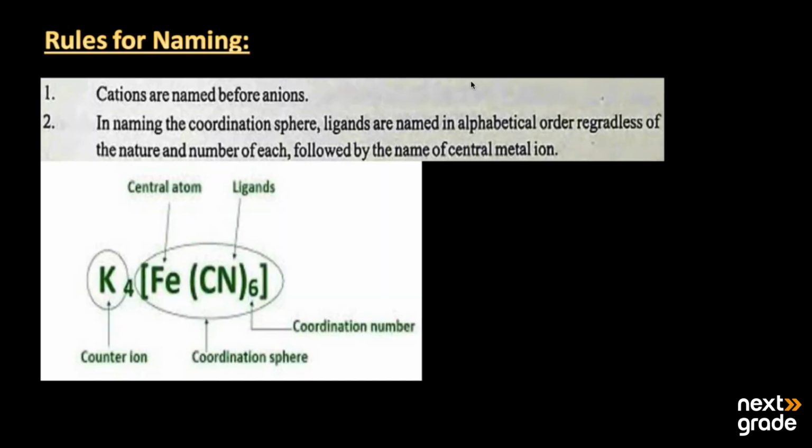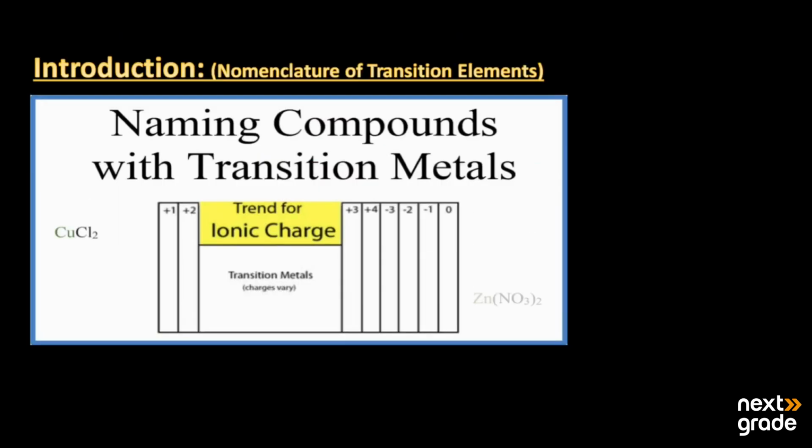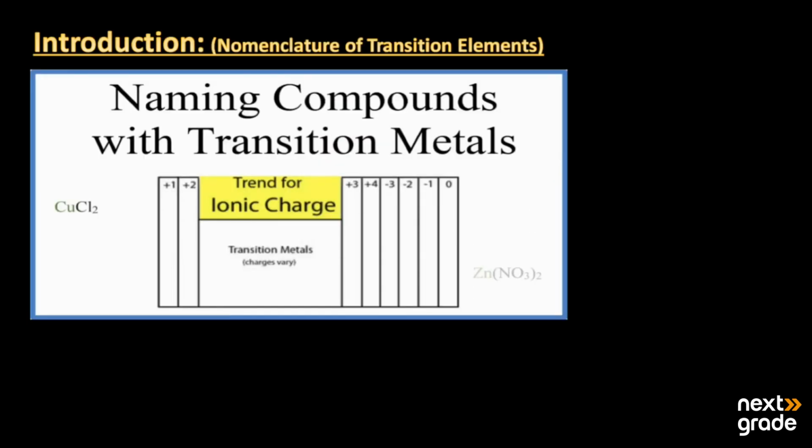So the topic that we are going to discuss today is the rules for naming the transition elements. Before this, we must know how we are able to name them. The naming of these compounds is basically known as the nomenclature of these elements.